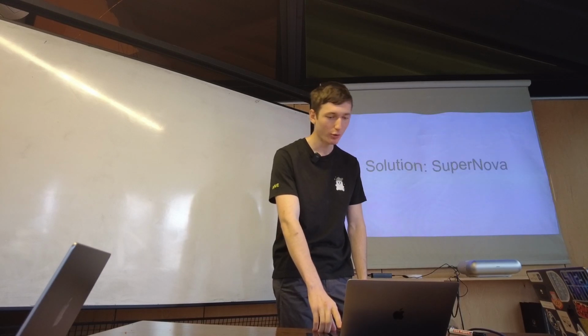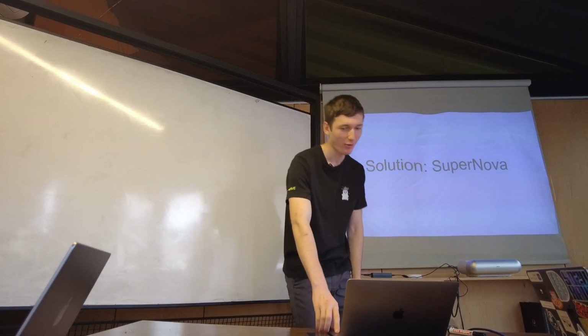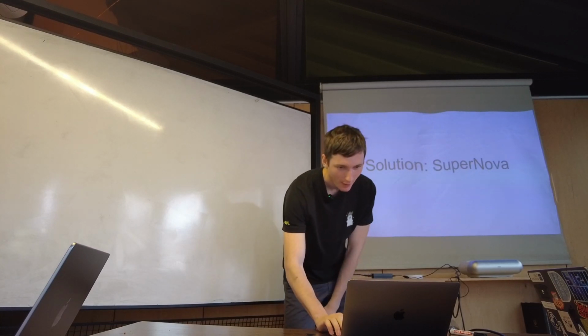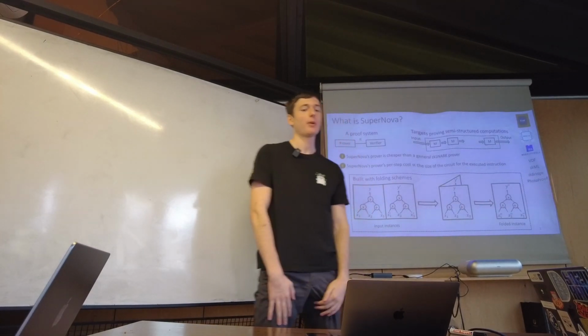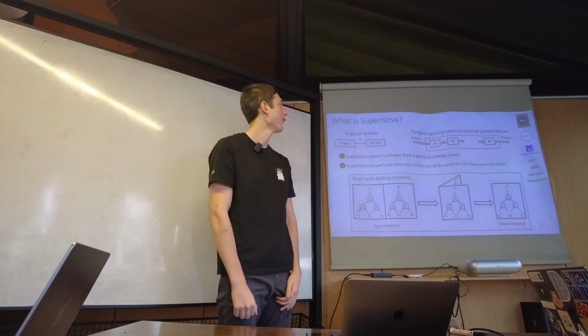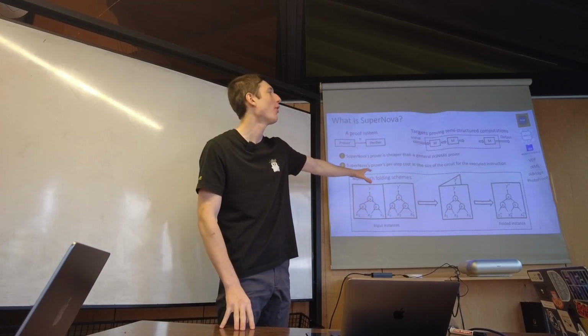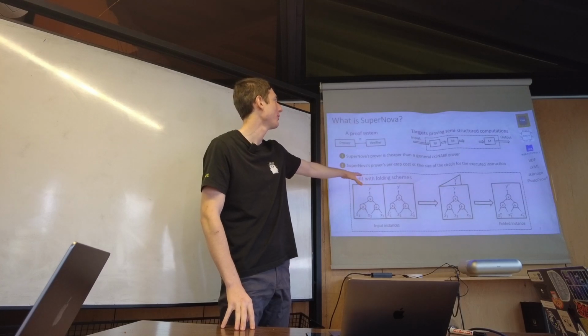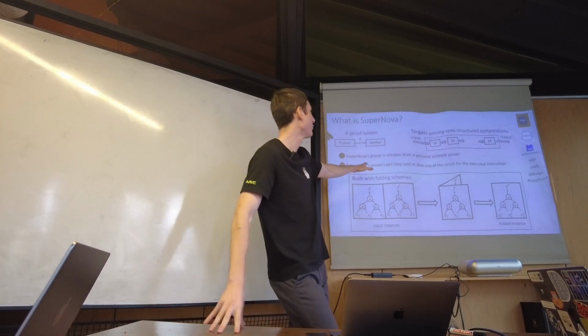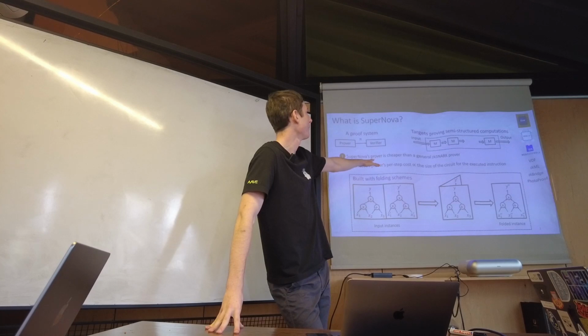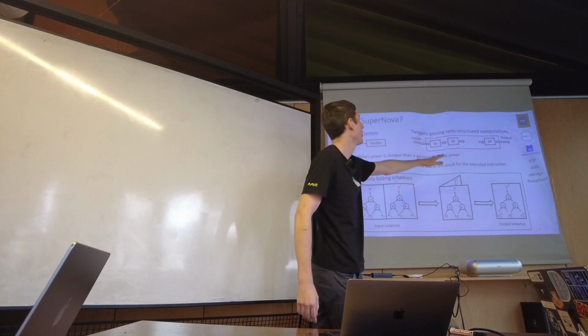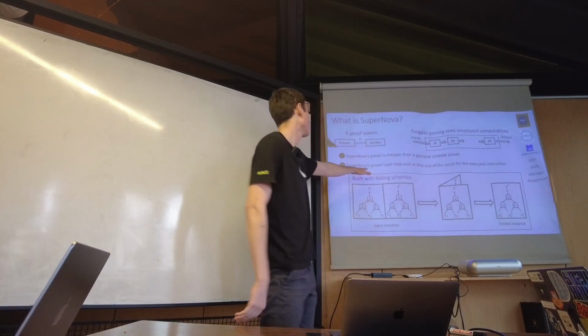Enter Nova, SuperNova even, which uses Nova. So what's the idea of SuperNova? First, I'm not going to show you the core idea yet, because that is for a little bit later. But I can already tell you the result. Obviously, it's cheaper than a general zkSNARK prover. That's the goal.